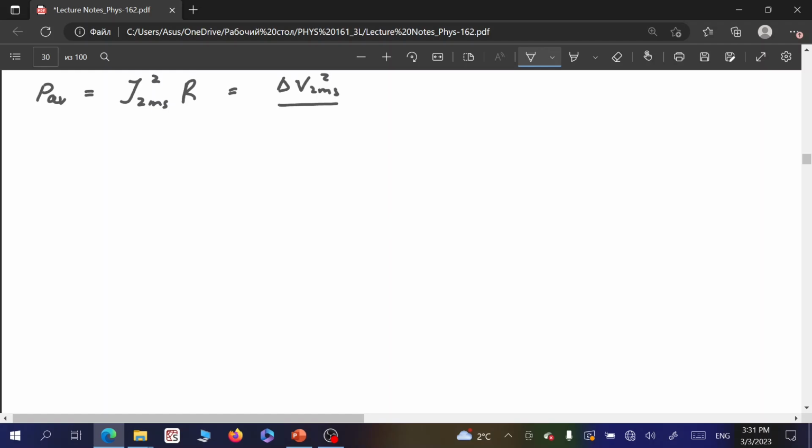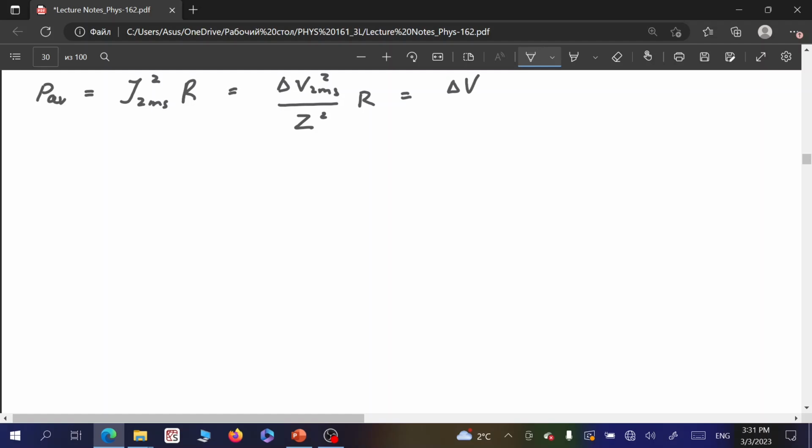So we can consider also the average power. P average will be I RMS squared times active resistance. That can be represented as delta V RMS squared over Z squared times R. Let us write here the expression for impedance.